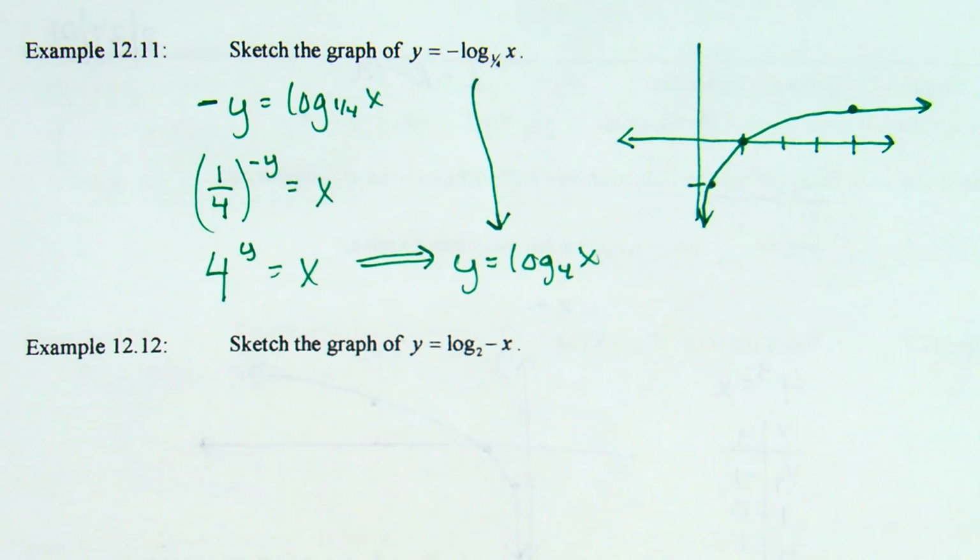And I think what would be helpful to know, we didn't officially graph it, but it would be helpful to think about what a basic graph of log base 1/4 of x looks like, and realize that it looks like the reflection. So that looks like that right there. Kind of a side note there.